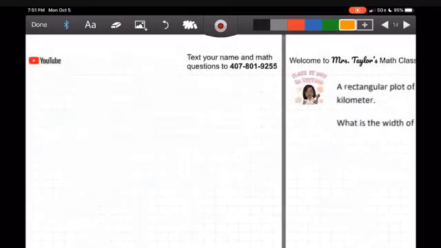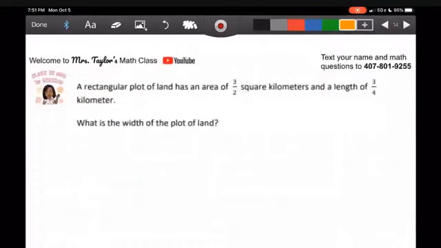So, next problem. It says a rectangular plot of land has an area of 3/2 square kilometers and a length of 3/4 kilometers. What is the width of the plot of land? So, what shape is this? It's a rectangle.